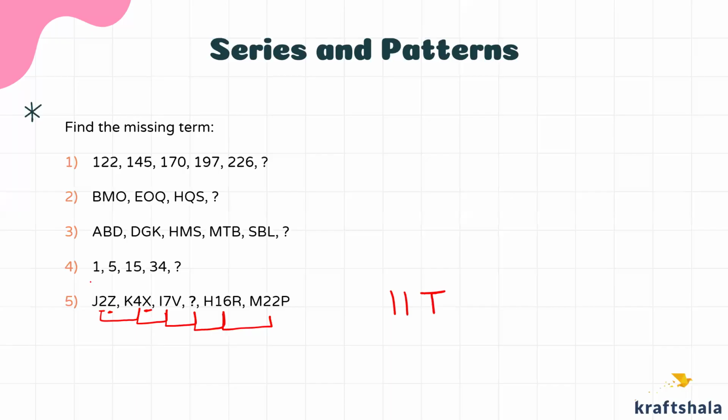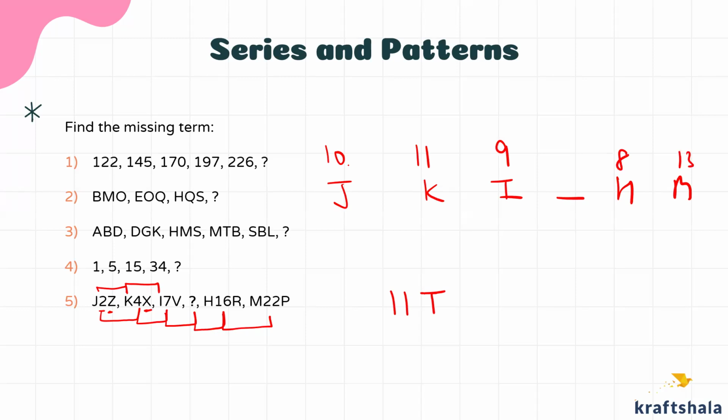Now for the letter, this is plus 1, this is minus 2. So if you focus on the first letter, this is a bit tricky. J is 10, K is 11, I is 9, H is 8, and M is 13.